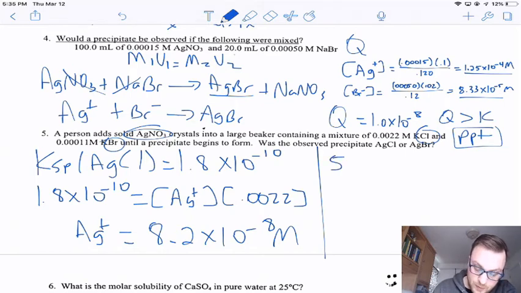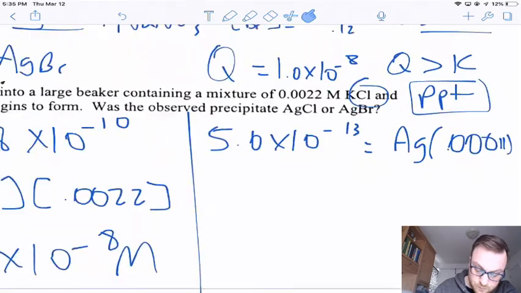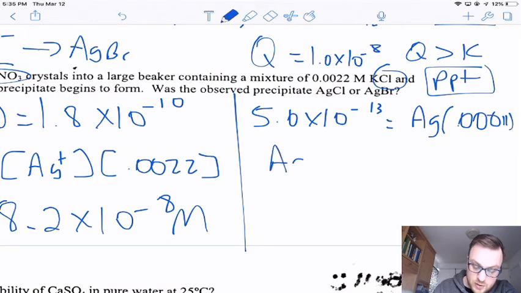So we have 5.0 times 10 to the negative 13th equals Ag+ times 0.0001. Divide both sides by 0.0001, and you will get a concentration of Ag+ for AgBr of 4.5 times 10 to the negative 9 molarity.